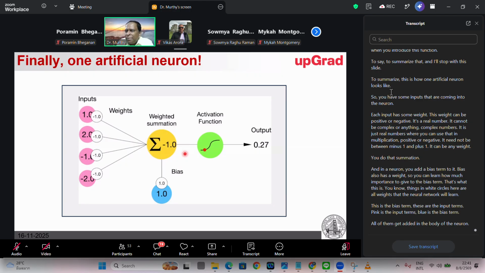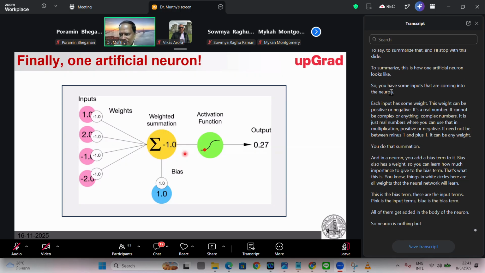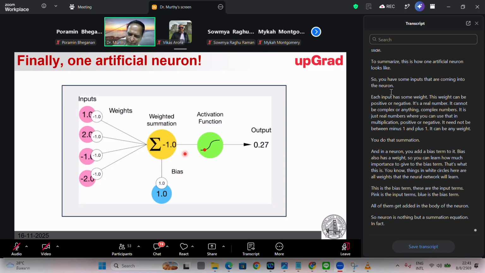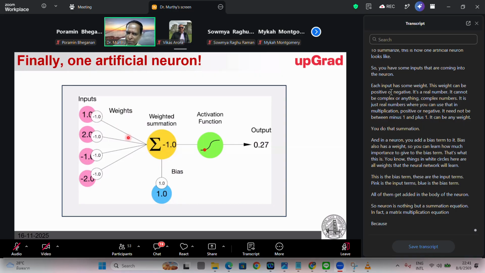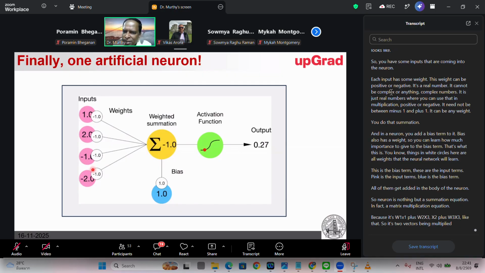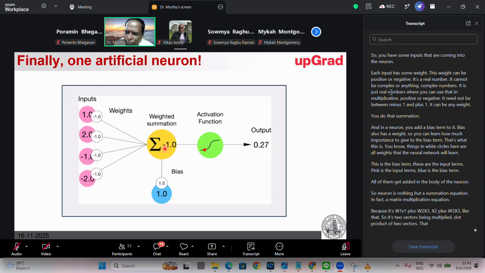So a neuron is nothing but a summation equation. In fact, a matrix multiplication equation, because it's W1x1 plus W2x2 plus W3x3, like that. So it's two vectors being multiplied, a dot product of two vectors. That's what a neuron is.